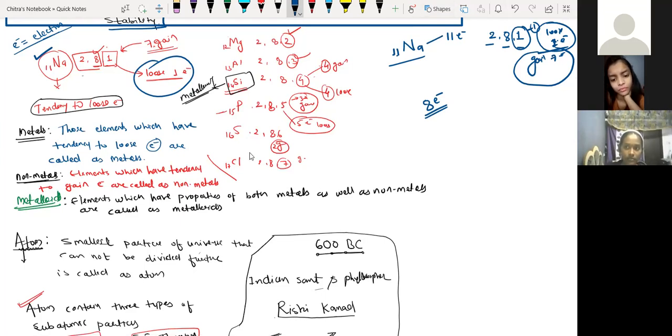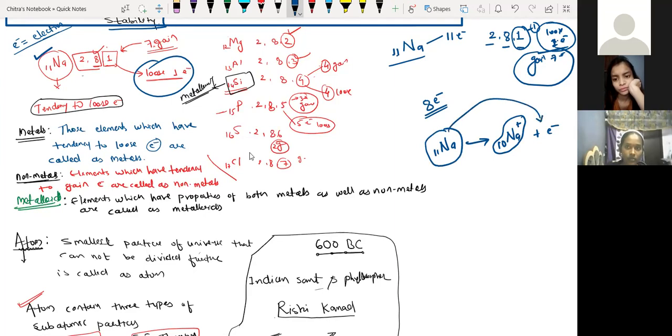That means sodium will lose 1 electron. Sodium has 11 electrons; when it loses 1 electron from its outermost shell, it will have only 10 electrons, and since it loses an electron, it will acquire a positive charge. So can we say that sodium has a tendency to lose 1 electron?